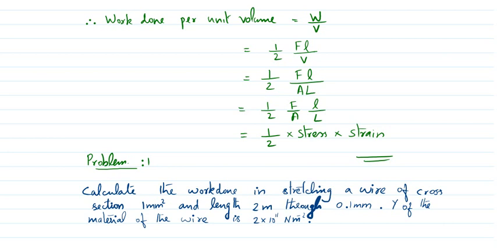Okay, so already we know the equation for finding the work done. So I will first write the terms that are given here. The value for original length is given here, 2 meter, and the area is given as 1 millimeter square, so that we can write in terms of meter square.